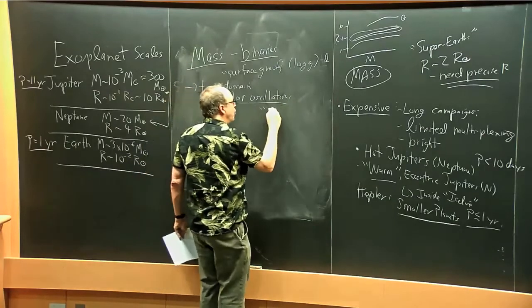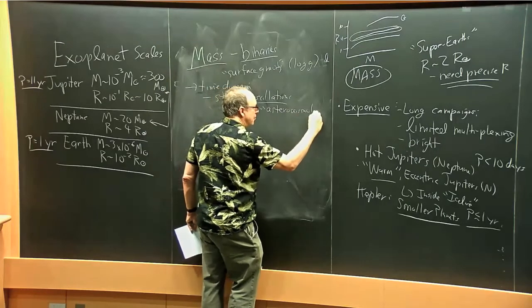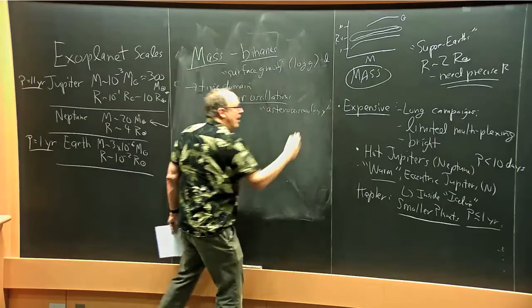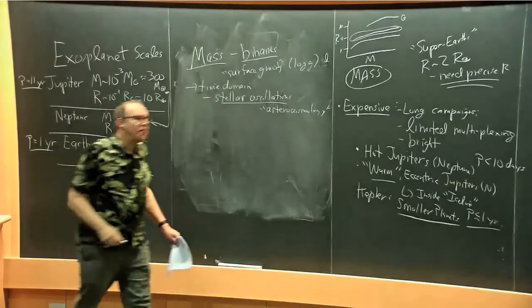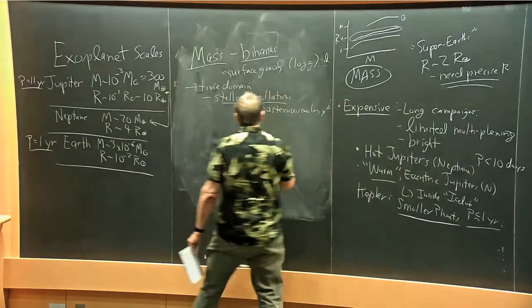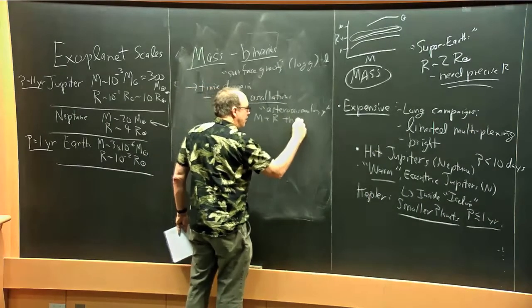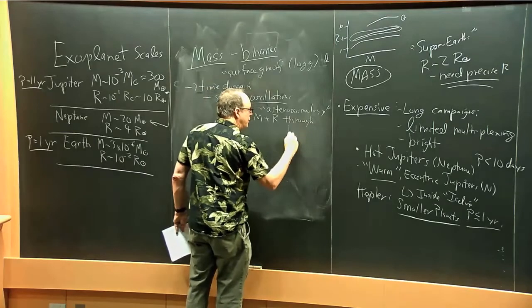This goes under the rubric of asteroseismology. In this particular case, the set of oscillation patterns that I see is going to be related very sensitively to the mass and radius through pulsation and stellar theory.